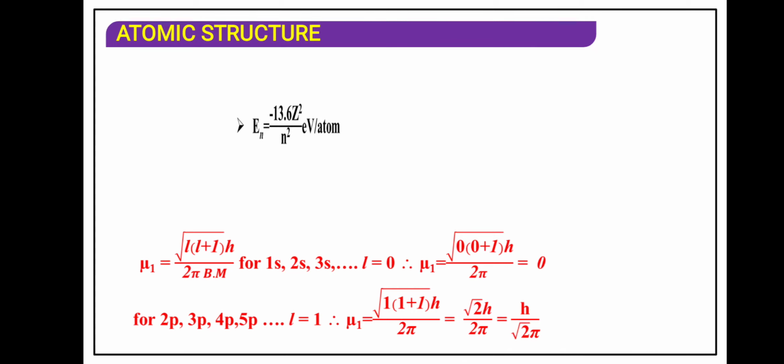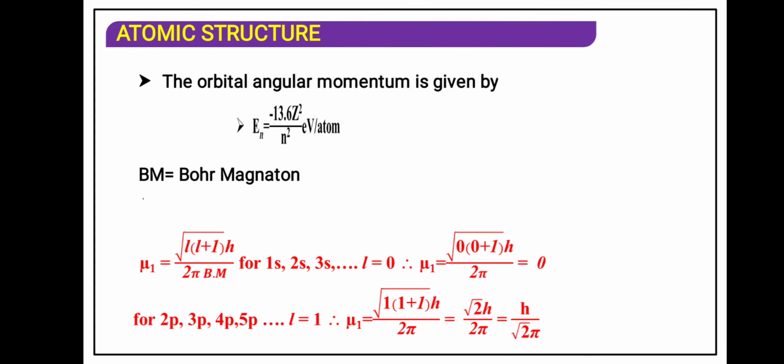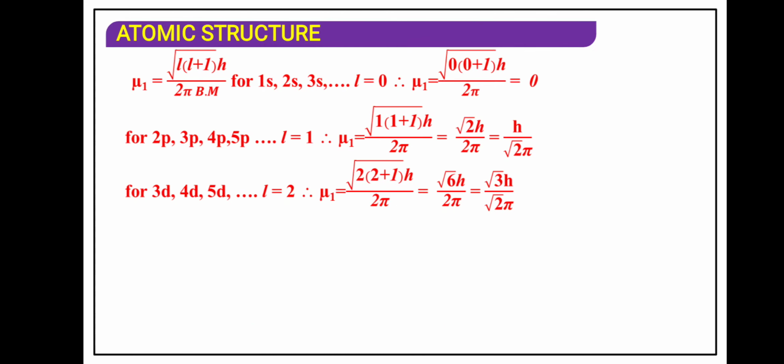In this way we can find the angular momentum of an electron. The same formula has been solved for 1s, 2s and 3s.